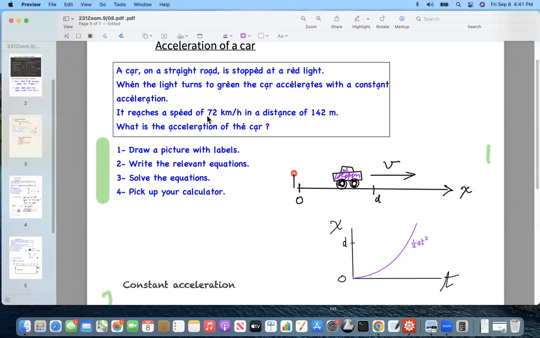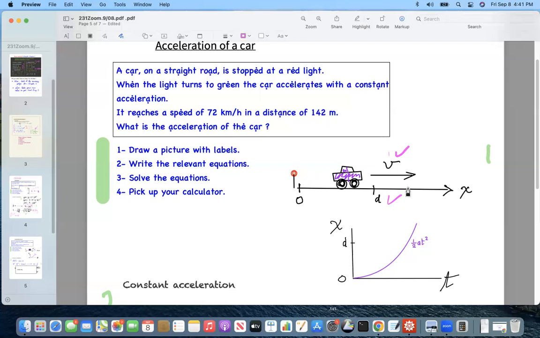Now, what do we already know? Well, we already know this speed and this distance. It says it reaches a speed of 72 kilometers per hour in a distance of 142 meters.